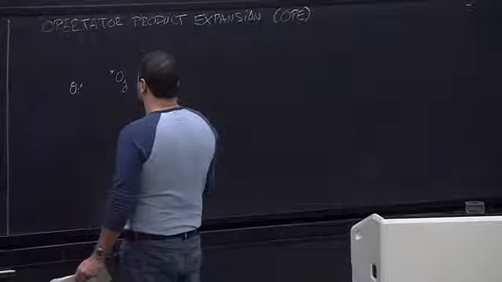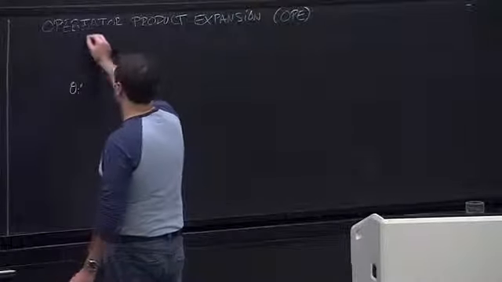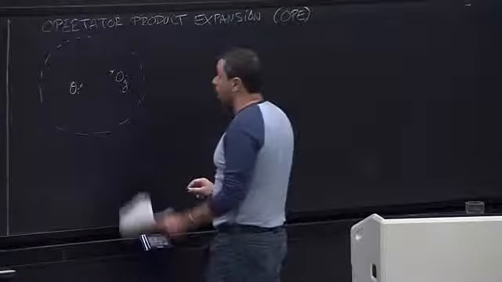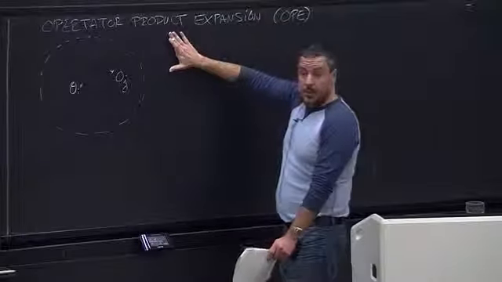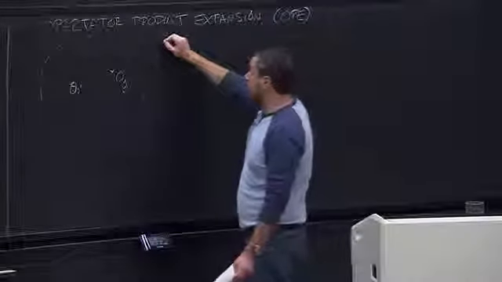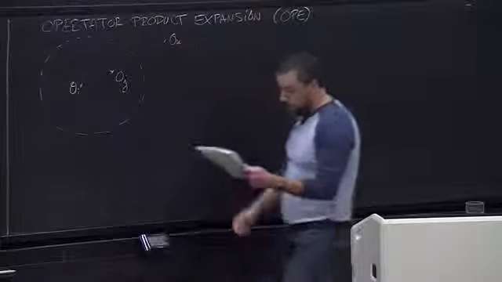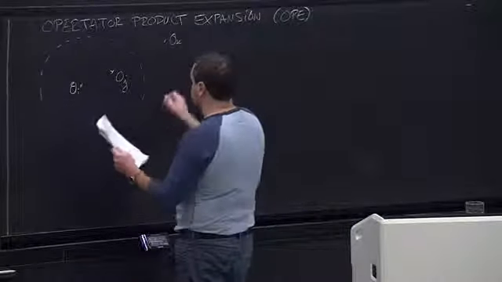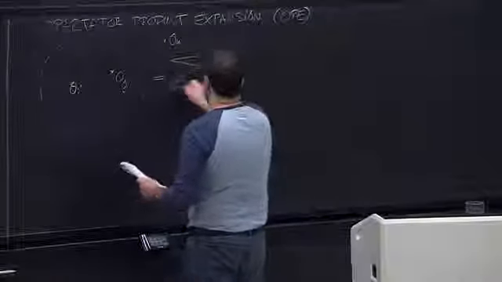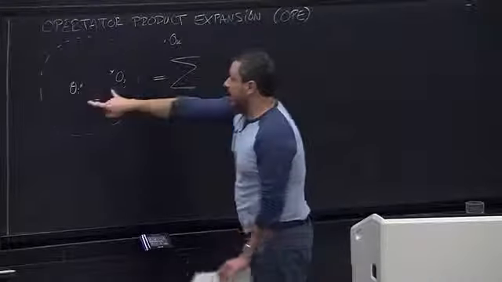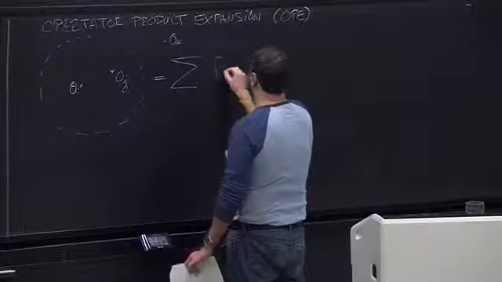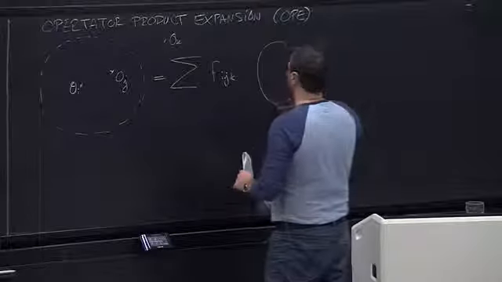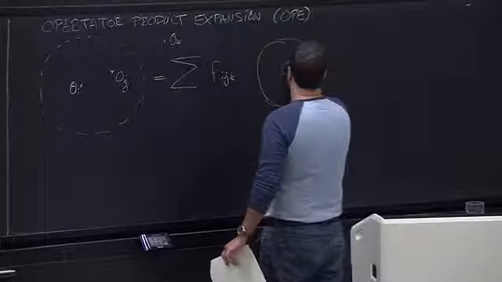More technically, what it means is the following: you take these 2 points, and you draw a sphere around them that surrounds both of them, and no one else. So there can be operators outside the sphere in general. And the notion of the OPE is the statement that I can represent these 2 operators as an arbitrary sum of operators.